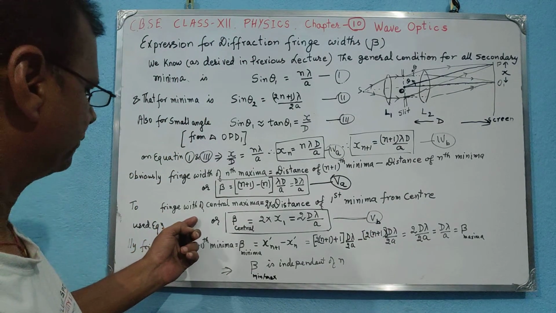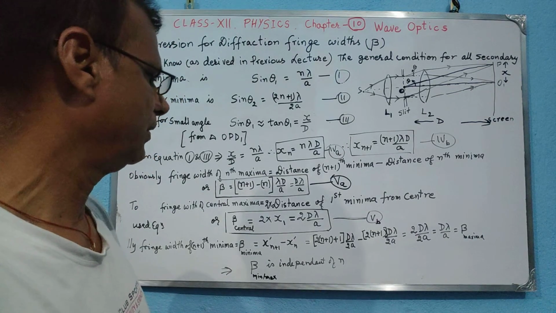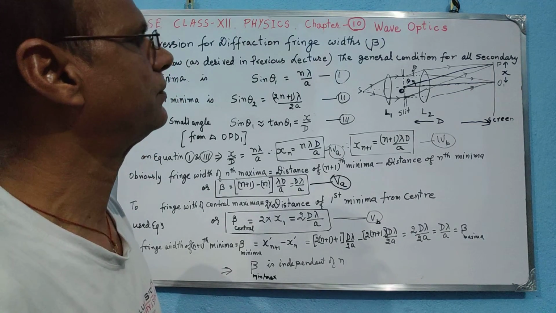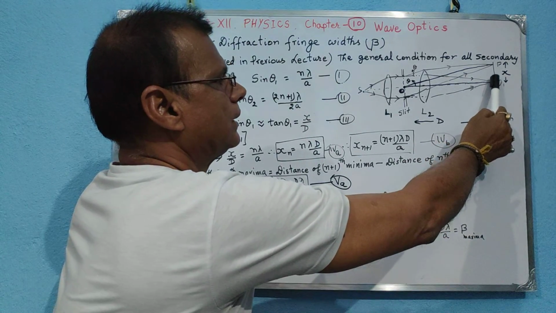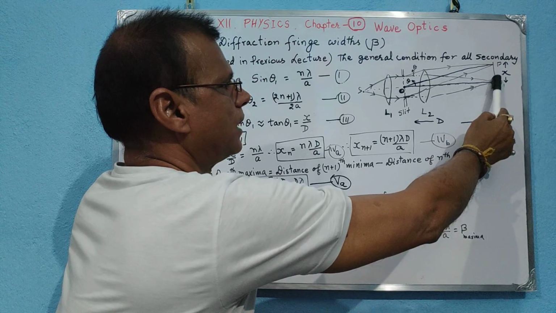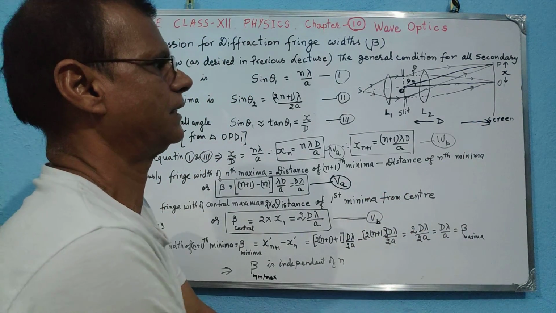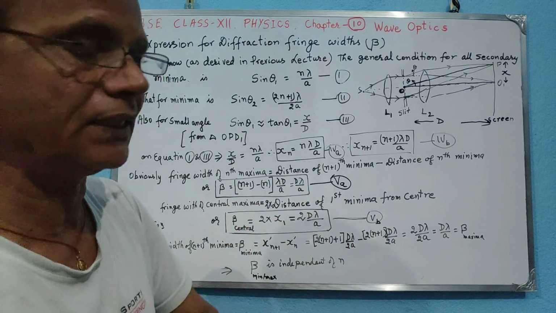And for the central maxima, what we need to do is find the thickness of the central maxima. In the central maxima, you have some distance from the center up to which the central maxima exists on one side, and the same distance exists on the other side.